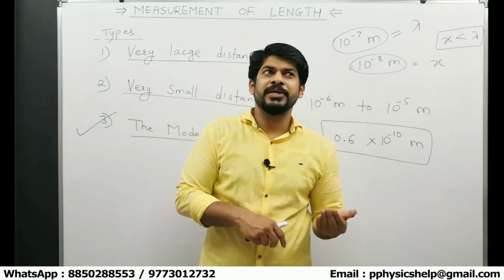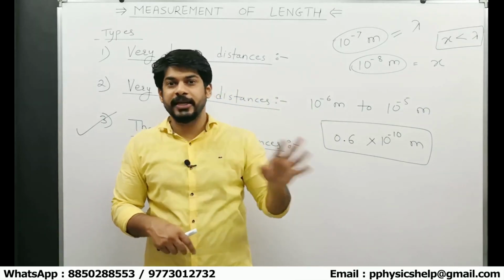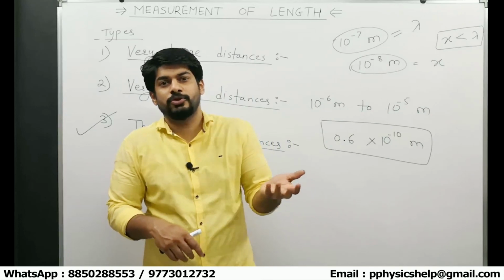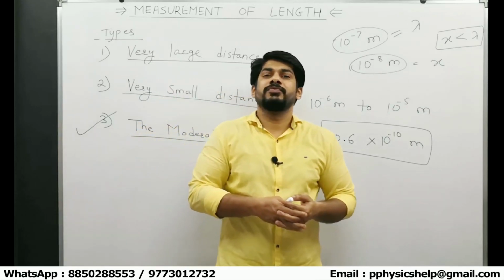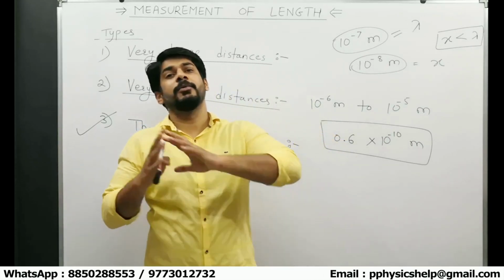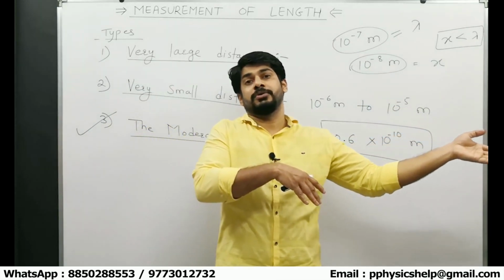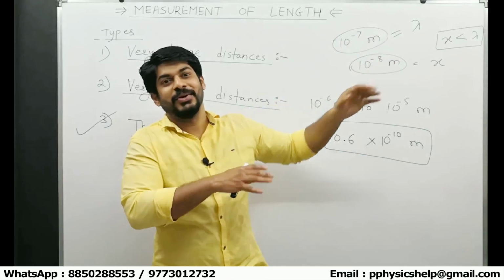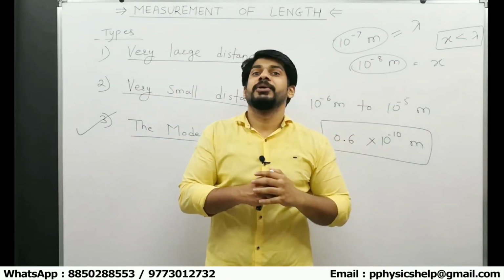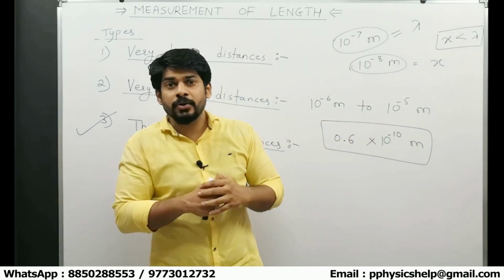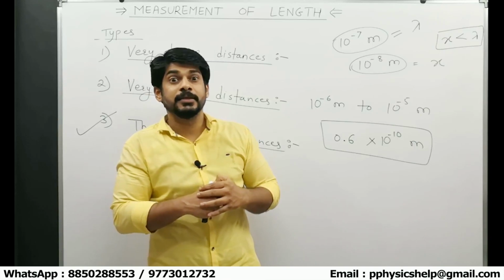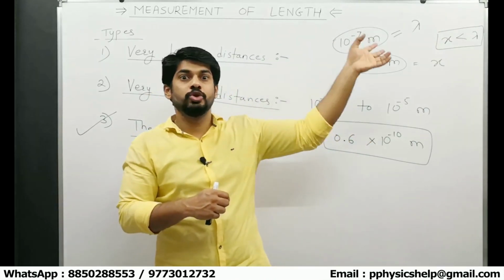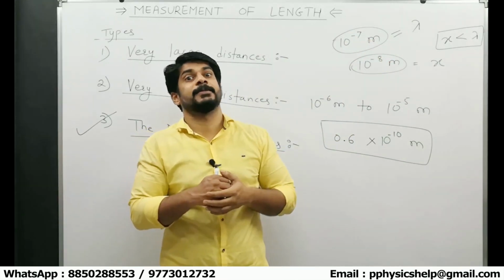Nowadays, with all the technology that we have, there are lots of equipments which can be used. But previously, in the early ages of science, what did the people do to find out the distances between the planets? Have you ever wondered how those people found out the distances?